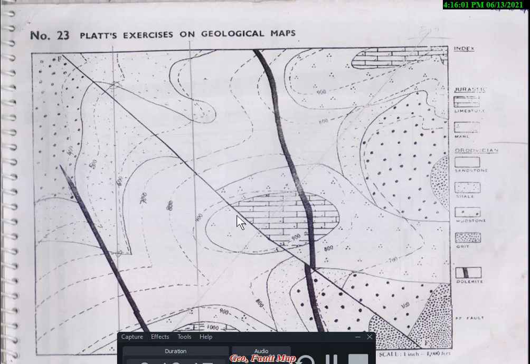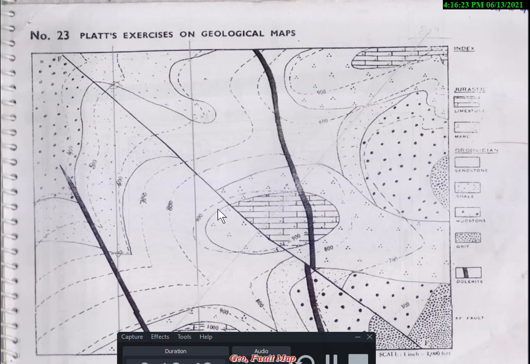Now see, it is a very interesting thing. This line joins here, and it seems like the same bed, but it is not the same bed, because the brick symbol does not appear here. And this symbol, the three dotted symbol and the three dotted symbol, are the same.